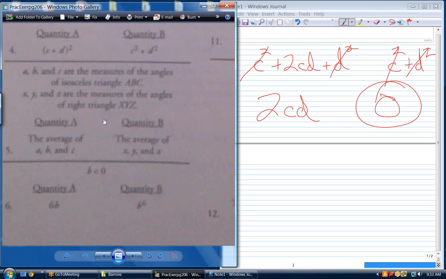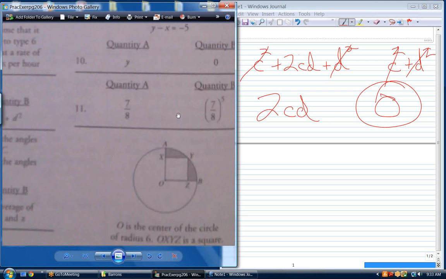Number 6. I won't spend a lot of time on these if it's clear you're doing it quickly or the right way. Yeah, those ones I understand. Number 6, which is bigger, 6b or b to the 6th, where b is negative? Quantity B would be bigger.